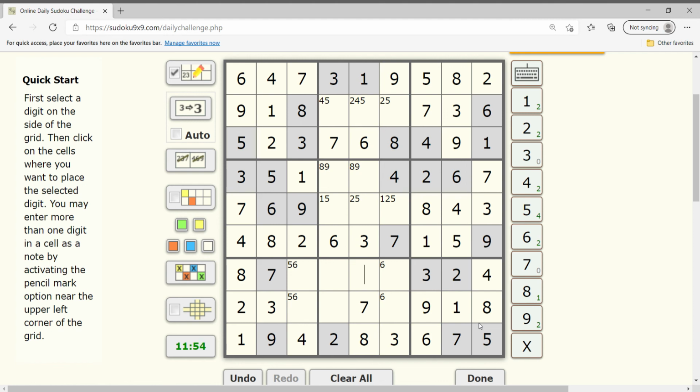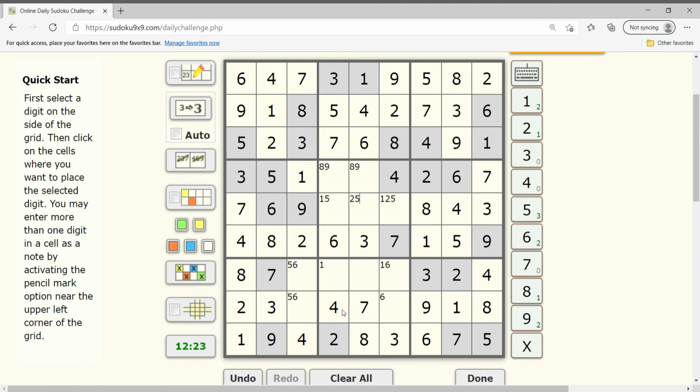So 1s are like this. 4. Okay, actually 4 has to be here in this box. This has to be 4. So therefore we know this cannot be 2 or 4, so this is 5. This cannot be 4, so this is 2. And this cell is 4.